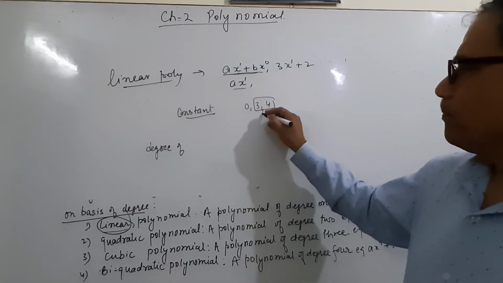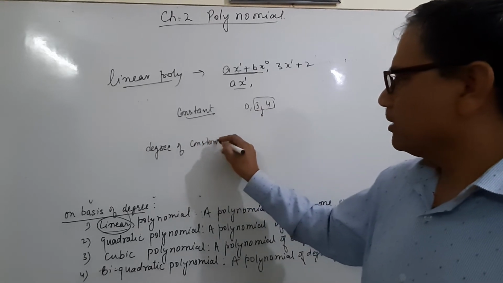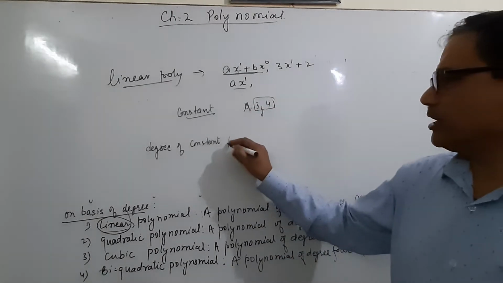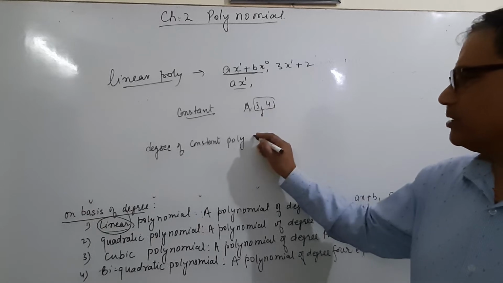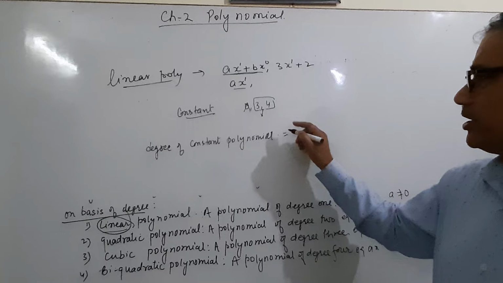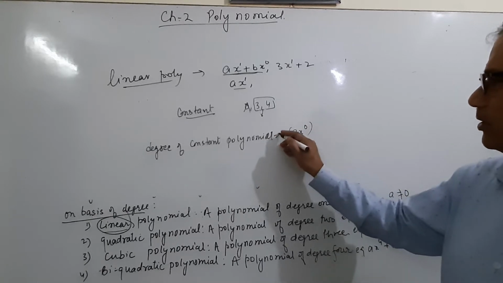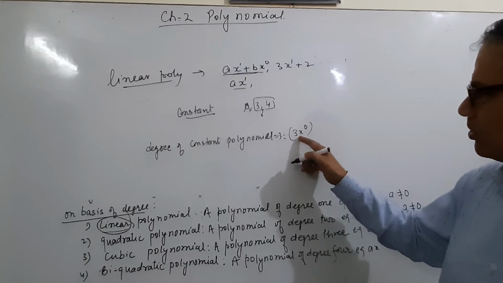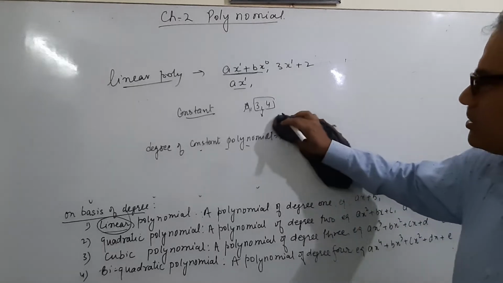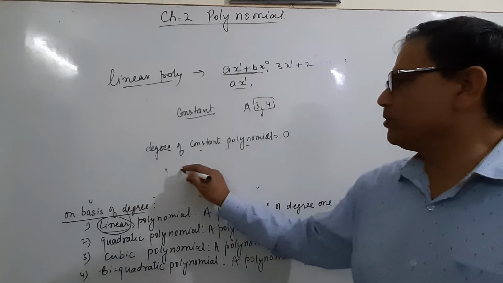If we are not assuming 0, a constant polynomial like 3 can be expressed as 3x to the power 0. This is the constant polynomial. So what is the degree of this one? 0. So the degree of a constant polynomial is 0.